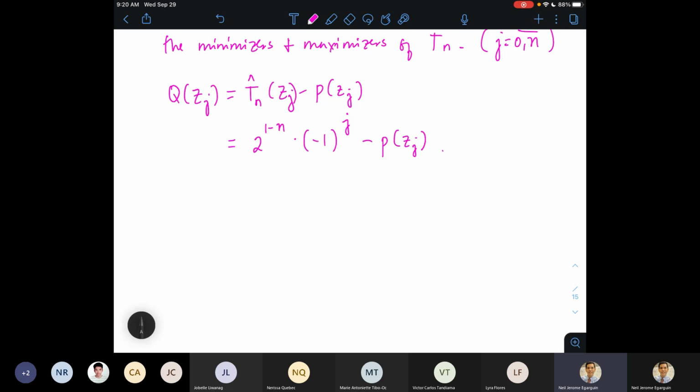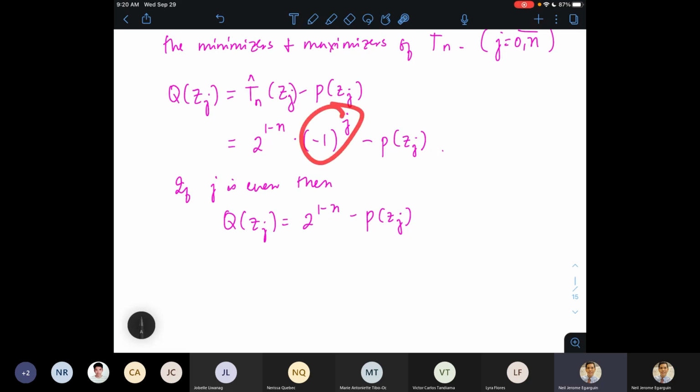Now, there are two options. j can be odd or even. So let's start with case 1. If j is even, then what do we get? Q of ζ_j would be 2 to the 1 minus n minus P of ζ_j. Okay? Since j is even, this factor becomes 1.